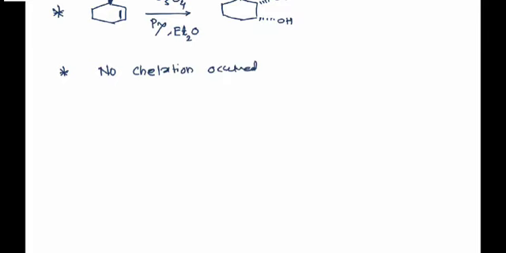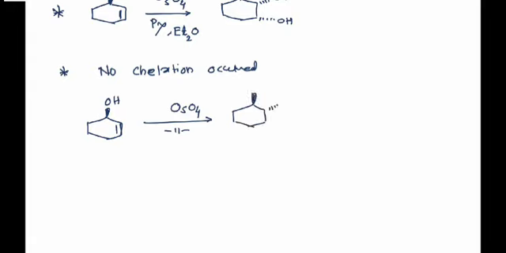We also had one example in some earlier reaction, like in mCPBA, where we discussed chelation. For example, a chelating group is there as an OH, and I am going to react with OsO4 and the remaining reagents. Again we get the product as in the previous reaction.